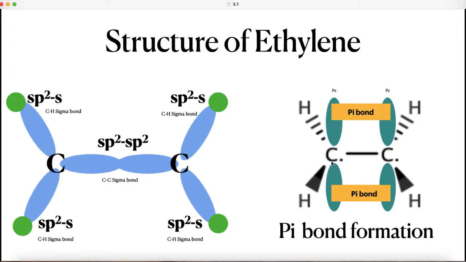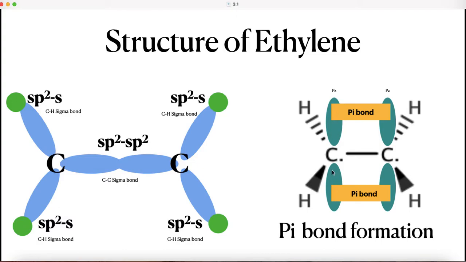This unhybridized p orbital of this carbon is perpendicular to the plane of the sigma framework. If it is the plane of the screen, then one half lobe of the pz orbital is in front of the plane, and the other half is below the plane of the screen. This is the unhybridized p orbital, denoted by the equal lobes.